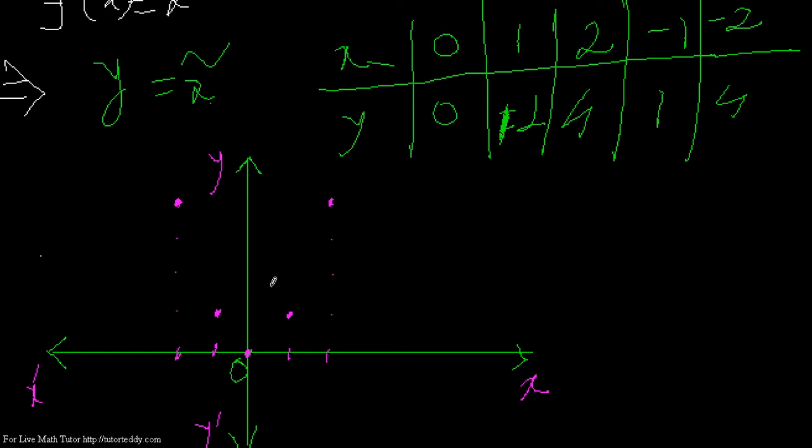And then I join these points which I have got. So I can see I have got this way and this way. So somewhat like this.